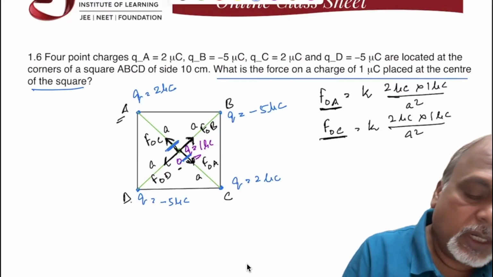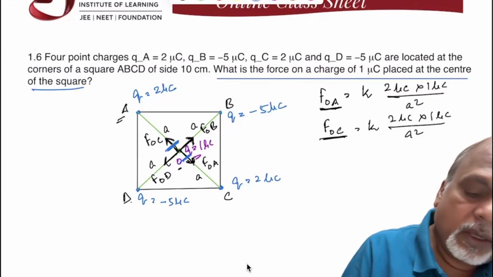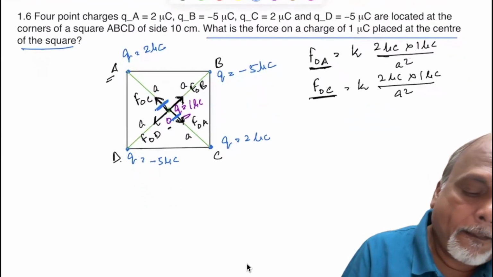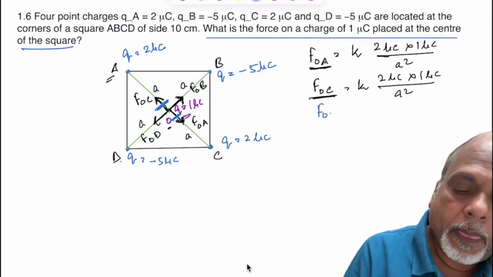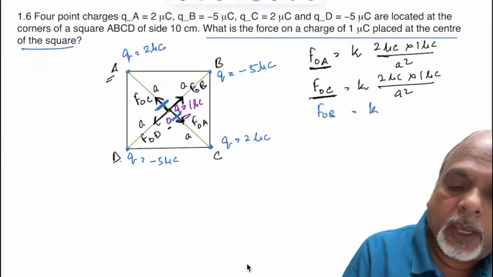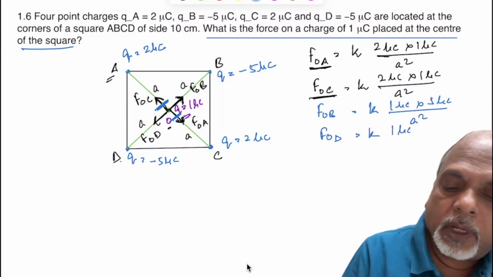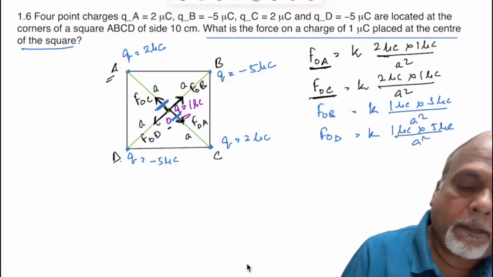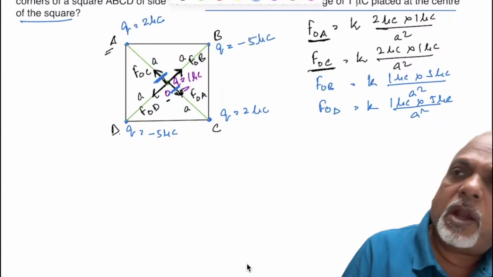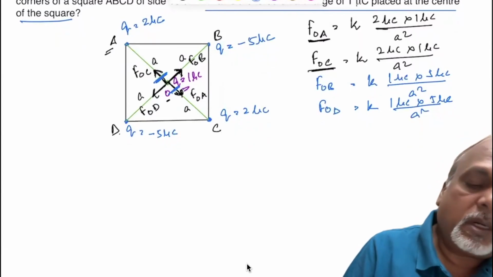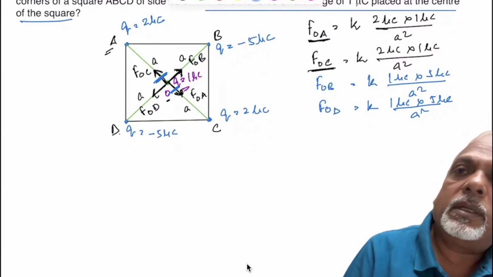Likewise, if you see FOB, K into 1 microcoulomb into 5 microcoulomb upon A square, and FOD, 1 microcoulomb into 5 microcoulomb upon A square, they are also both equal but in the opposite direction.